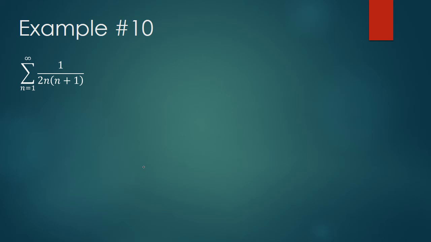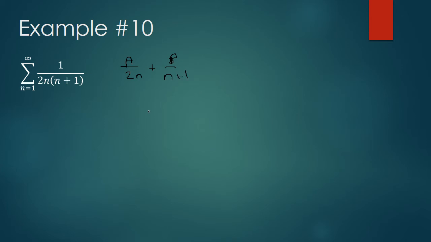Okay, so let's look at this next example, example 10. Now, before I do anything with this, I have to separate this into partial fractions. So I'm going to say A over 2n plus B over n plus 1.